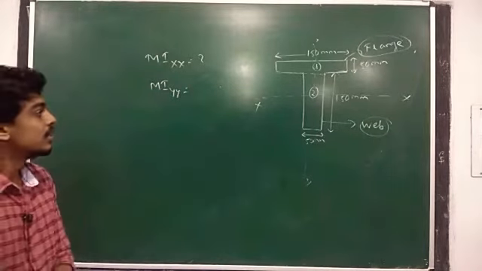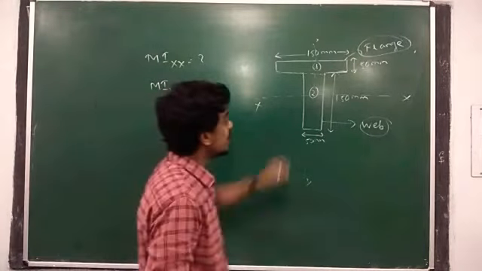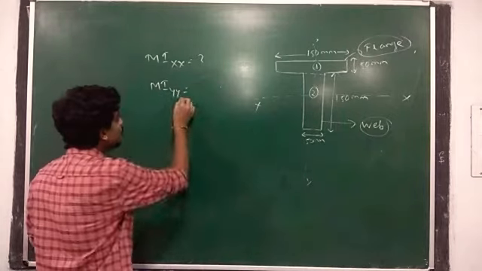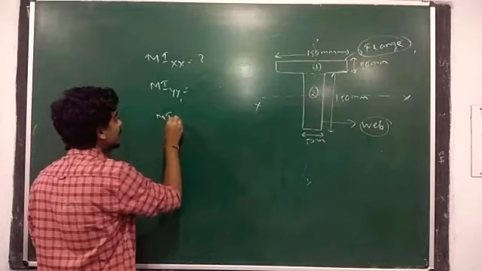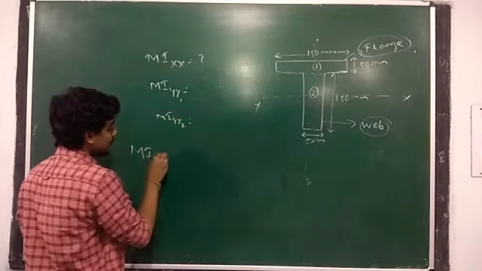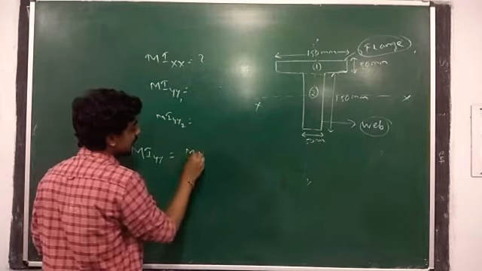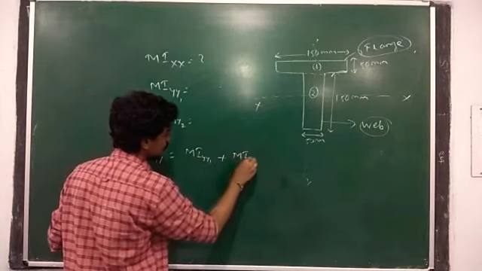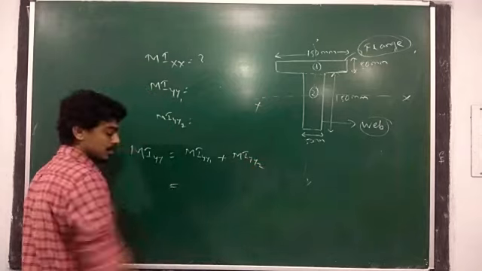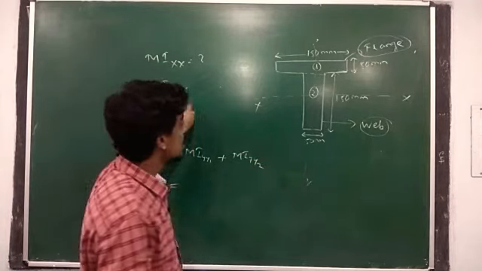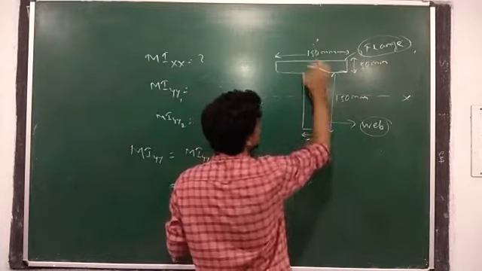So for MI YY, if I have divided the section into two parts, calculate the two values, MI YY1 and MI YY2, then add both values. Here MI YY1 means this area.